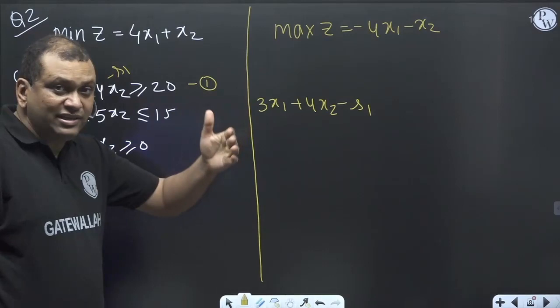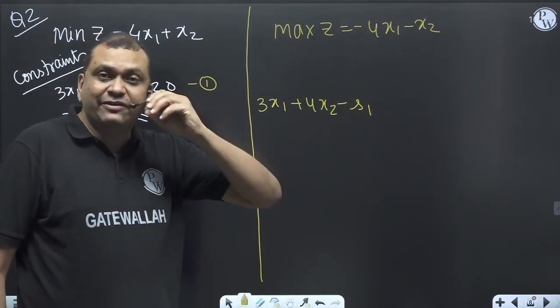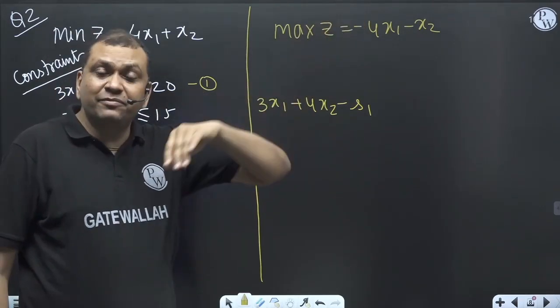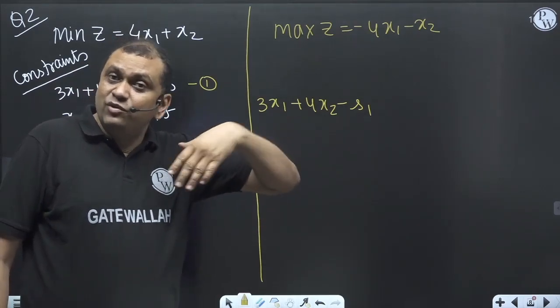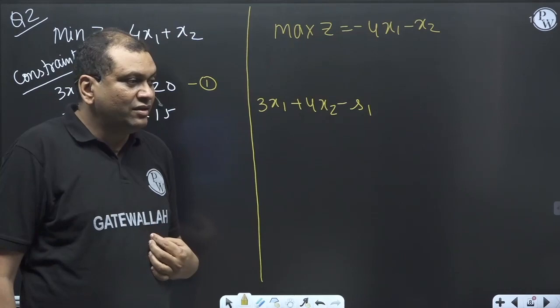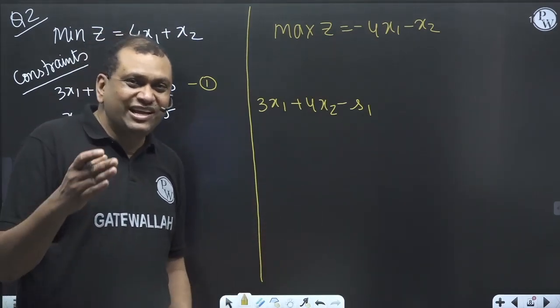Greater than or equal to sign means, if I compare with graphical, the region moves away from the origin and extends up to infinity. So there has to be some limit.